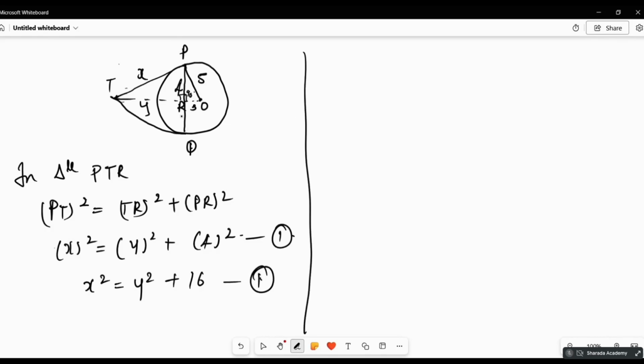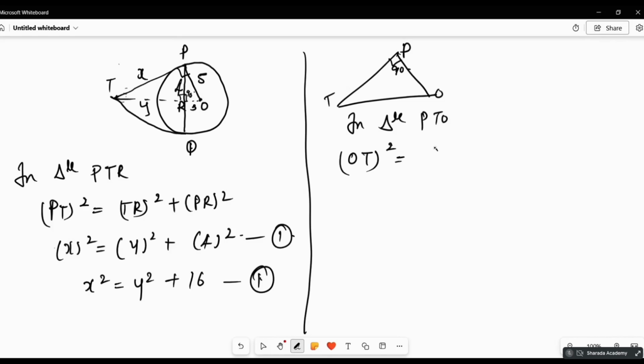Next, another bigger triangle we'll take, PTO. In triangle PTO, angle P is 90 degrees. If you observe, this is 90 degrees, right? So OT is the hypotenuse. So in triangle PTO, OT square will be equal to PT square plus OP square.